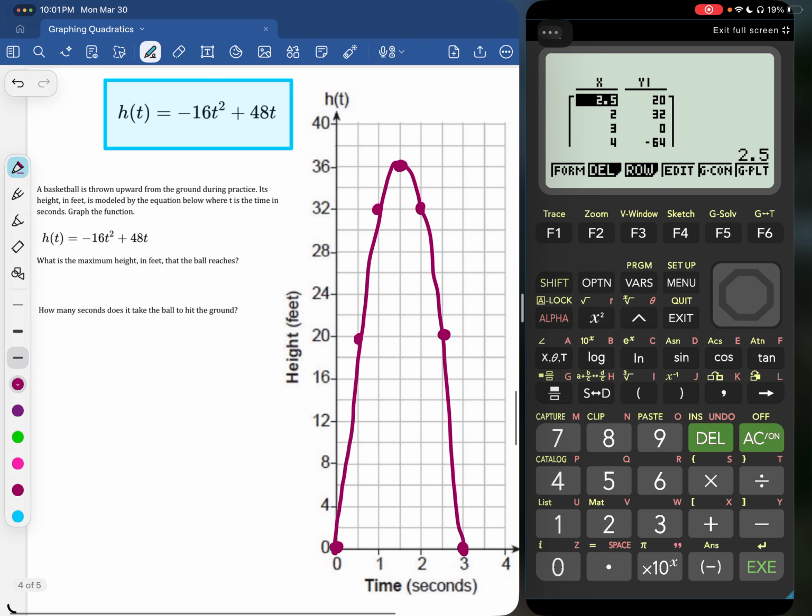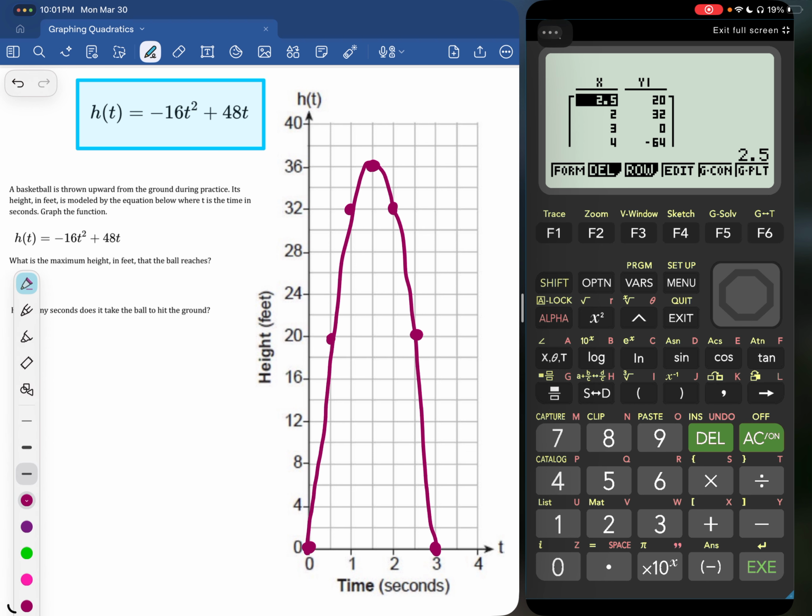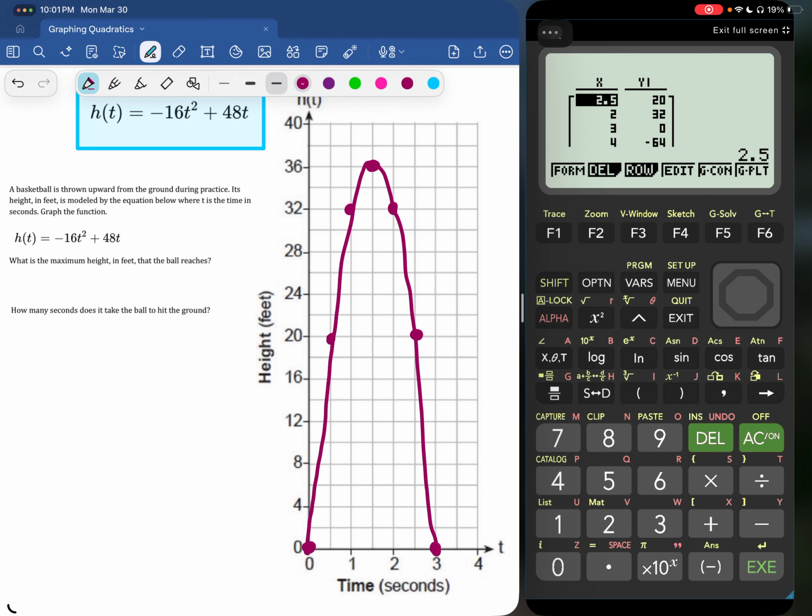Just finishing up this question on the left, we see that it says a basketball is thrown upward from the ground during practice. Its height in feet is modeled by the equation where t is the time in seconds, right? So we already graphed the function. So we have two questions to answer here.